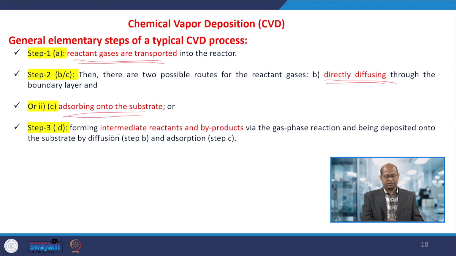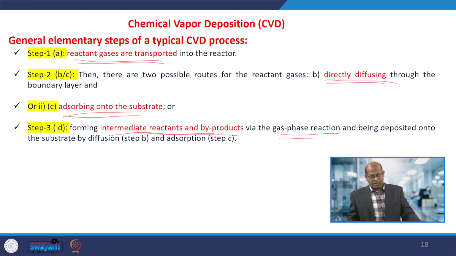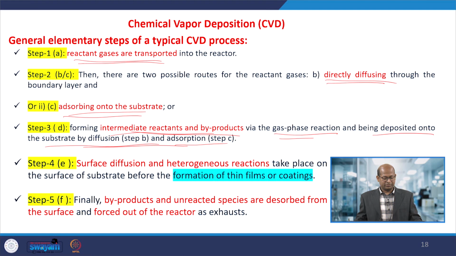And the third step is the formation of intermediate reactants and byproducts via gas phase reactions, which are deposited onto the substrate by diffusion in step 2 and adsorption in step 3.